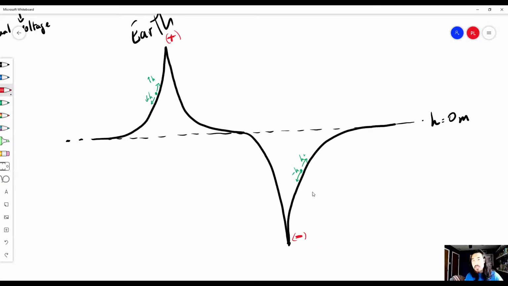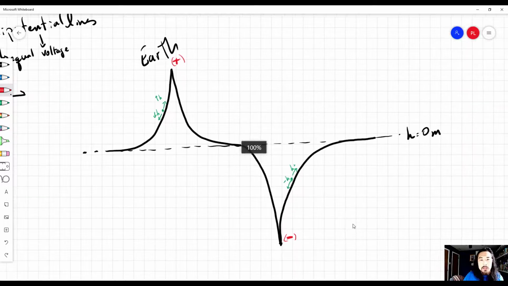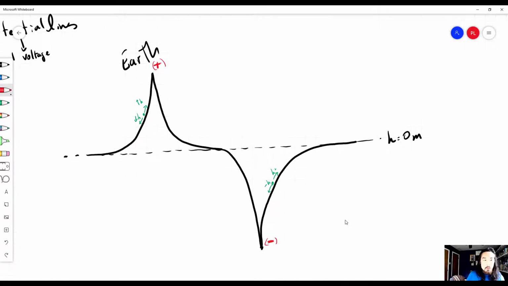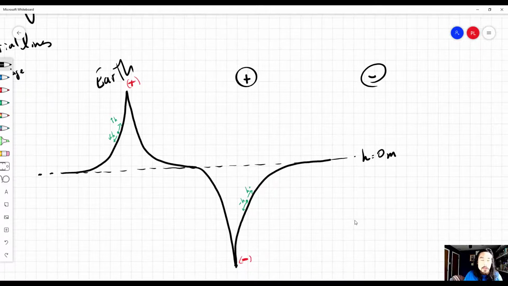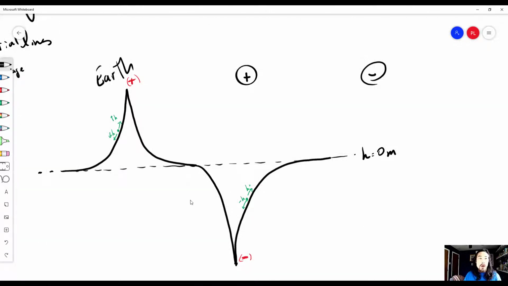So this is like a side profile model. I'm going to draw again what I just drew here, but in terms of a flat scale. So here we have a positive charge, and here we have a negative charge. Now, I'm going to draw the field lines in a little bit, but what I want to do is describe going up the mountain and going down the valley in this way. So let's say we start off here, right in the middle, right where the height is 0, right where the voltage is 0.